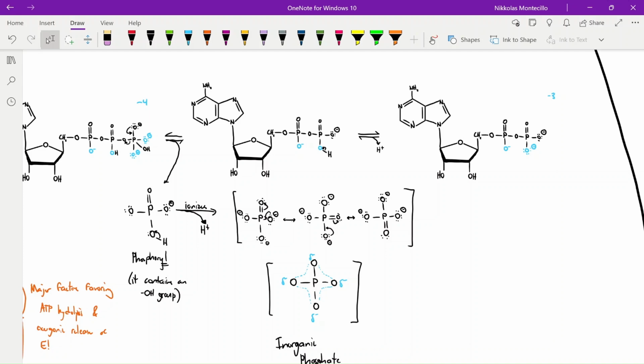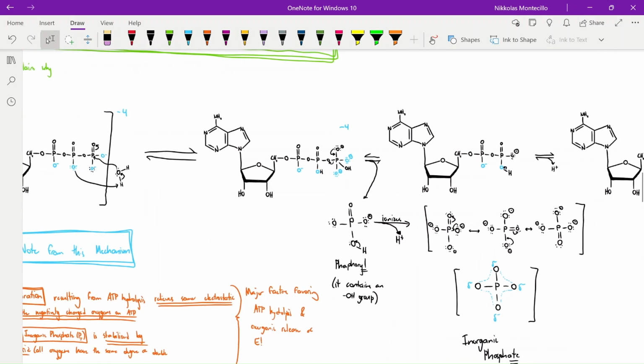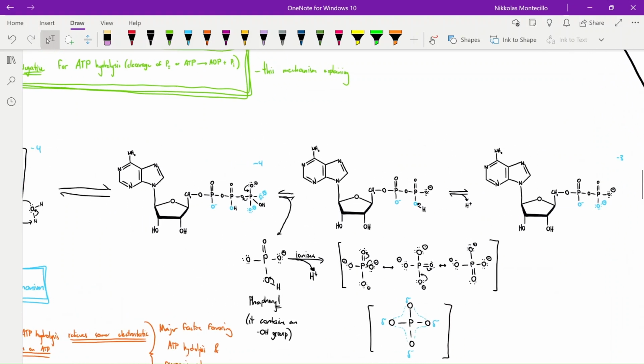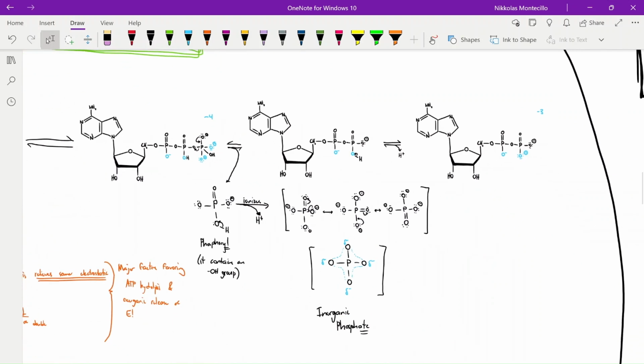So because the products are relatively more chemically stable relative to the reactants, this reaction would be considered exergonic, because the Gibbs free energy is large and negative, as shown here.